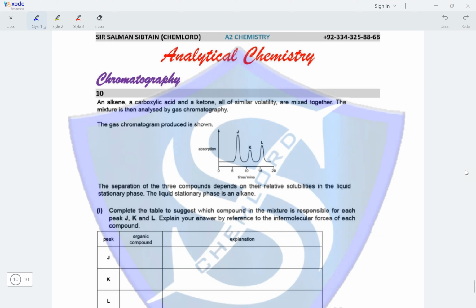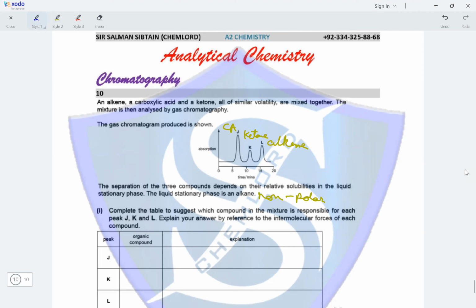The liquid stationary phase is an alkane. So the liquid stationary phase is non-polar. So the one that is the most non-polar will come out the last, which would make it the alkene. The most polar would be the carboxylic acid, that would come out first, and the one in the middle would be the ketone. So we've already identified which compound is which.